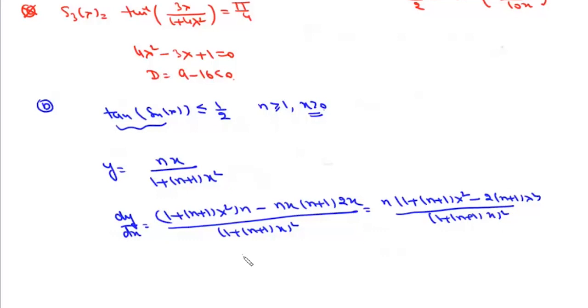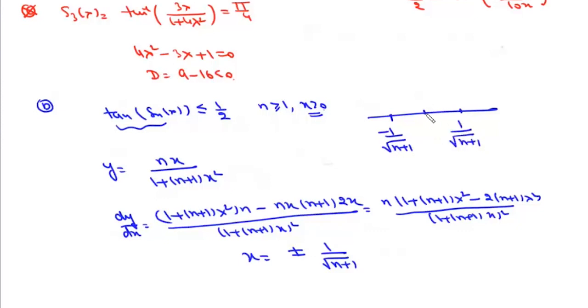Now we solve this, we'll get two critical points, plus or minus 1 upon under root of n plus 1. Now we do not know anything when x is less than 0, so we are just concerned with this point.